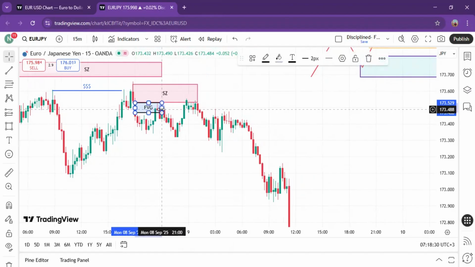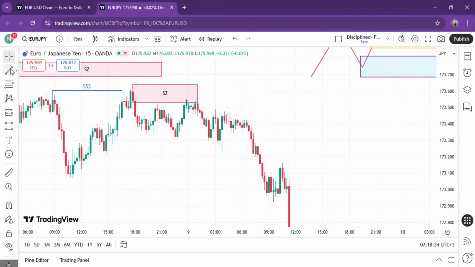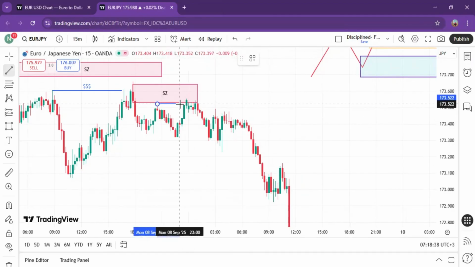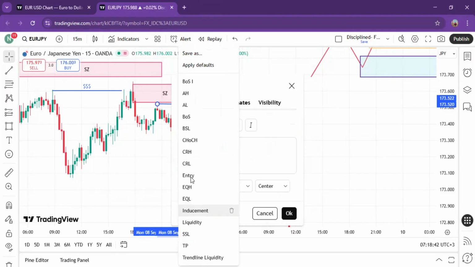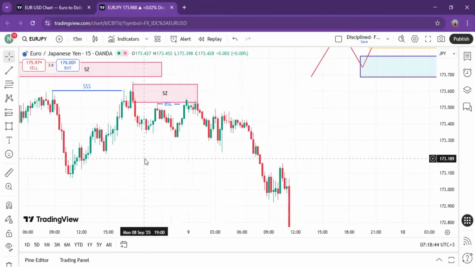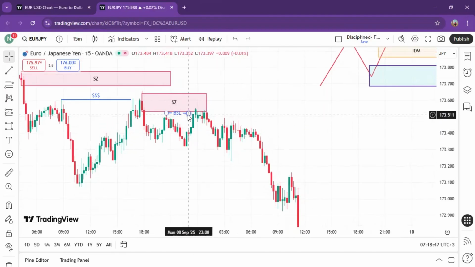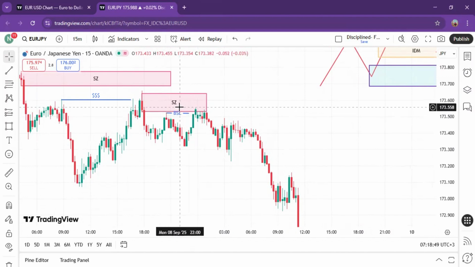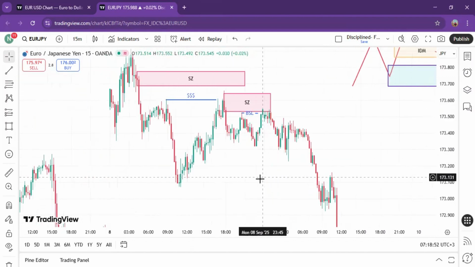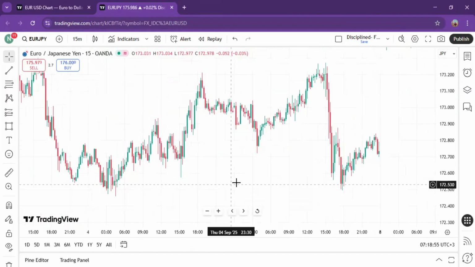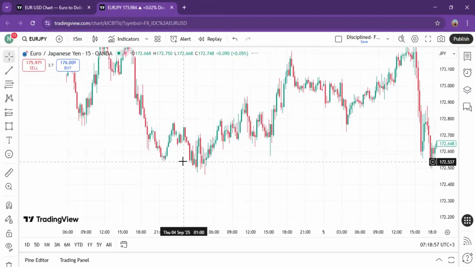So what type of liquidity do we have at this point? So this is a buy side liquidity at this point. So you can see the market comes, takes out the buy side liquidity, gets into the zone, then continues moving downwards. Let's look at other examples.